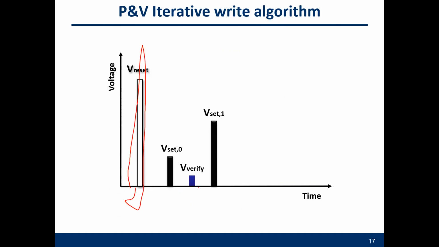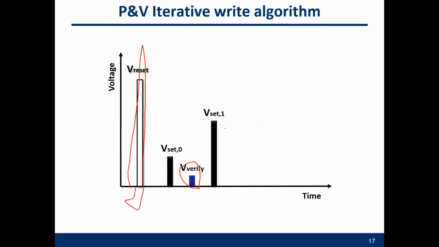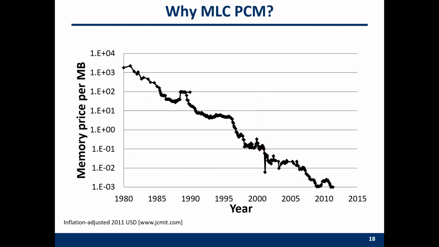Between two pulses, there is a verification operation. This verification operation will check whether the resistance reaches the target resistance, so whether you have good enough filaments to represent your current resistance. If yes, it will stop. Otherwise, it will continue to do the verify, set iterations until it reaches the target resistance.